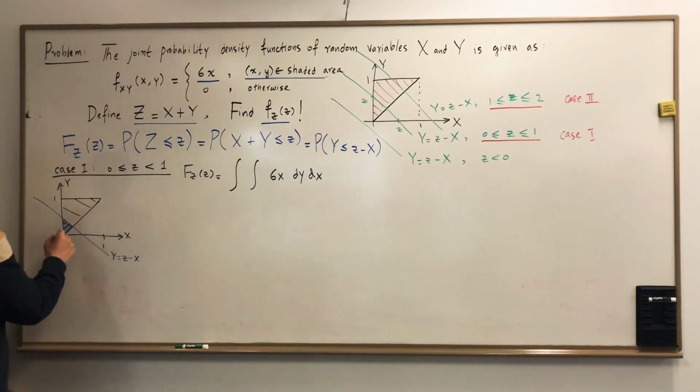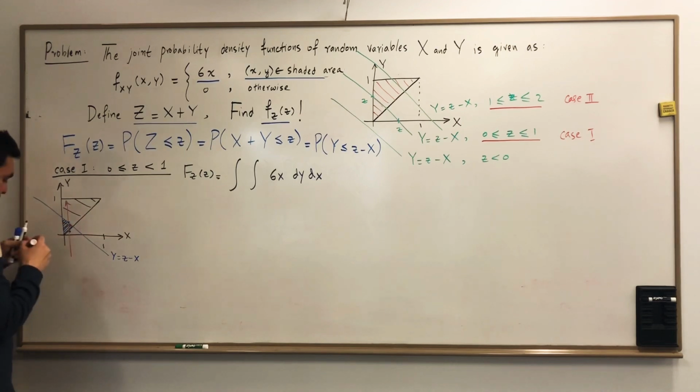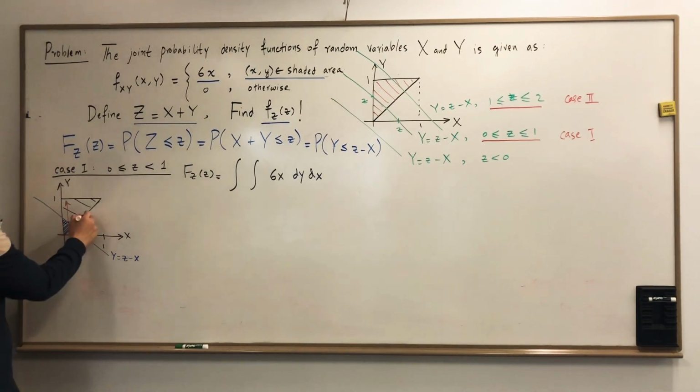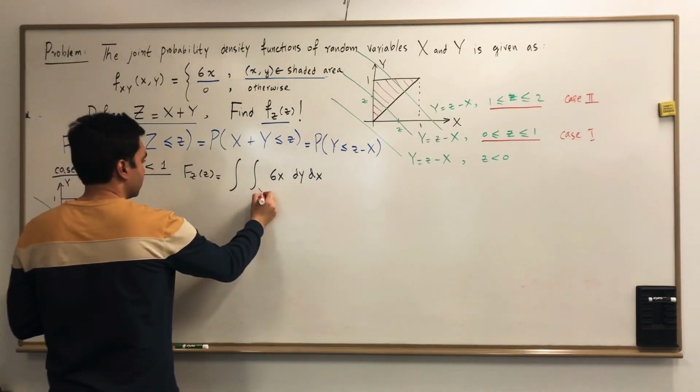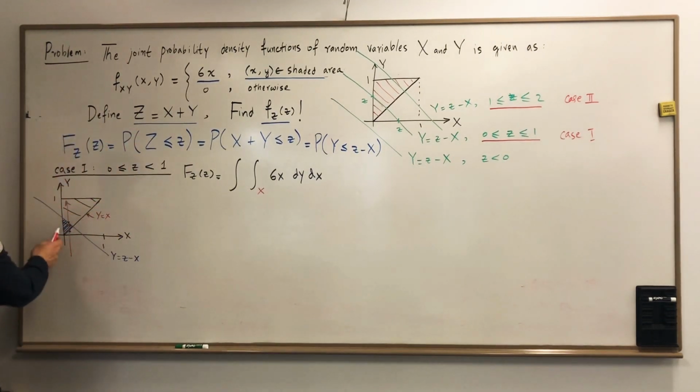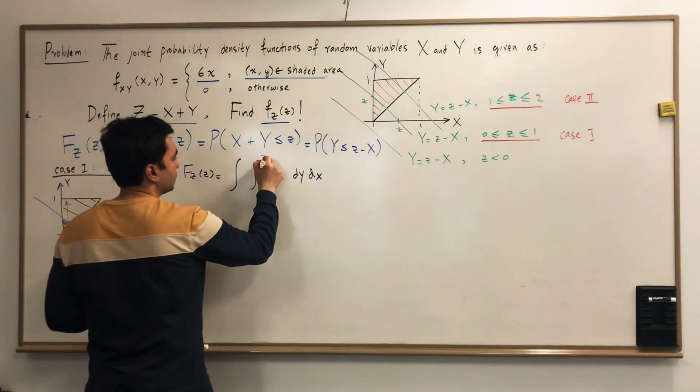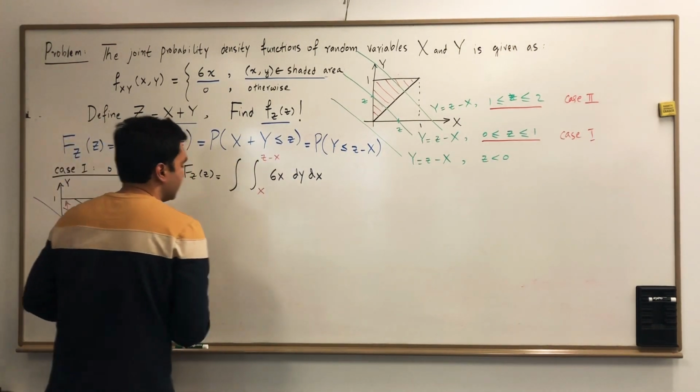Okay, so when we do dy, that means we need to figure out what y is at the lower limit and then what y is at the upper limit, because this line here is y equals x. The lower limit will be x. The upper limit is defined by this line where y is z minus x, so this will be z minus x.